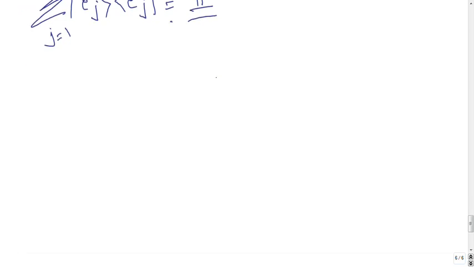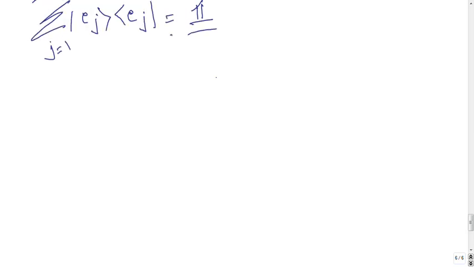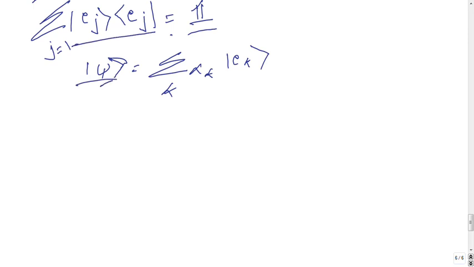In fact, by writing psi according to the state expansion, if we write psi in terms of these orthonormal bases, like this operator on this psi. Note, this is an operator.